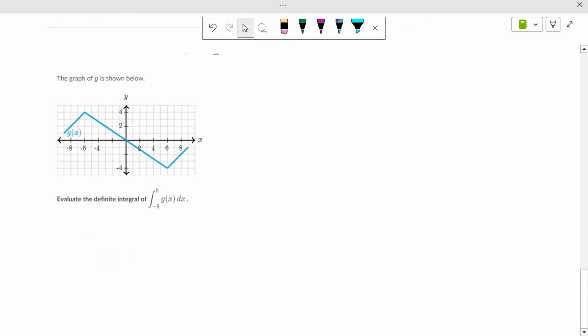Okay. Then -9 to 9. From -9 up to 9. Anybody have a guess before we start? Yes, Spencer, it is 0. Because we have this trapezoid and this triangle. This trapezoid is 1 on this side, 4 on this side.